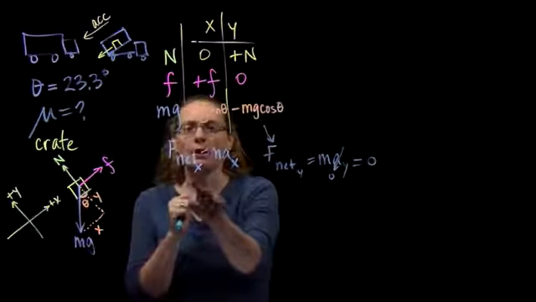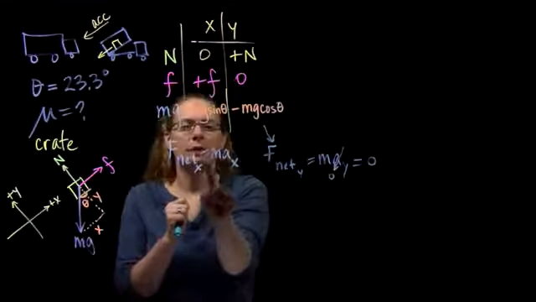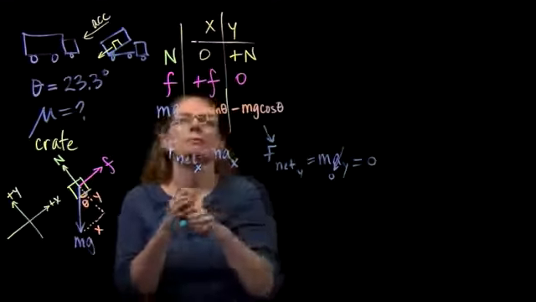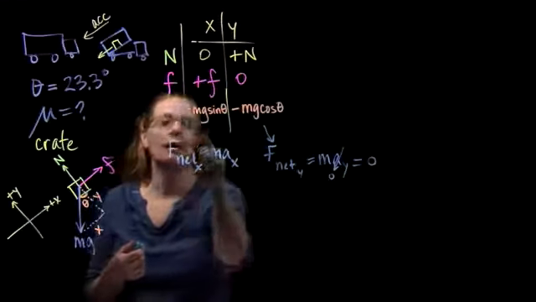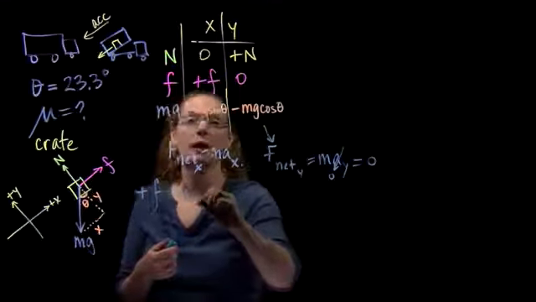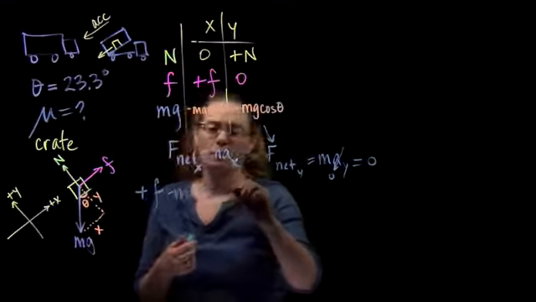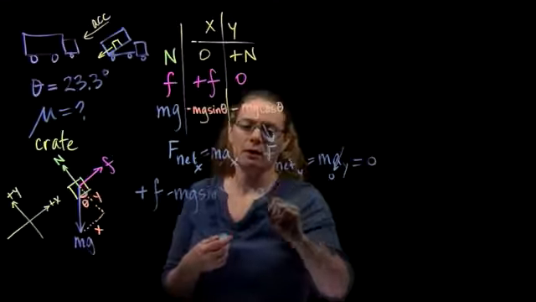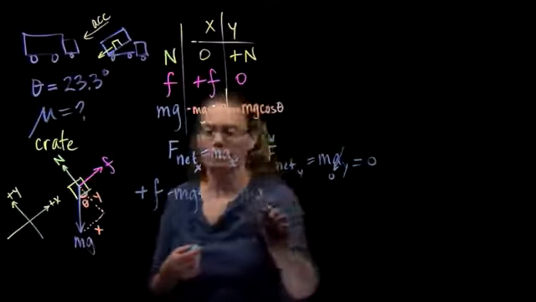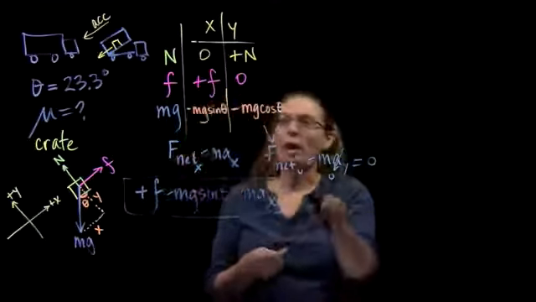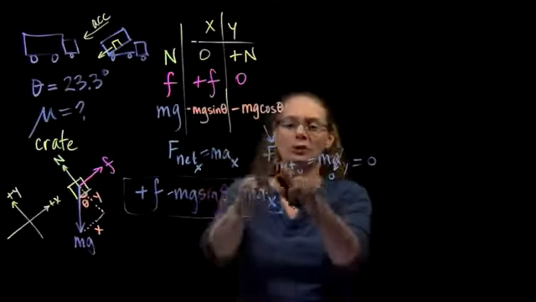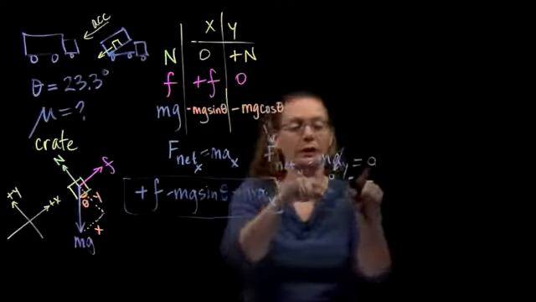So net force in the x direction, add up all these forces, set them equal to mass times acceleration. Well, I've got nothing. I've got a positive friction and a negative mg sine theta equals ma_x. So there's my equation using Newton's second law, my equation in the x direction. In the y direction, add up all the forces in the y direction, set them equal to, in this case, 0.